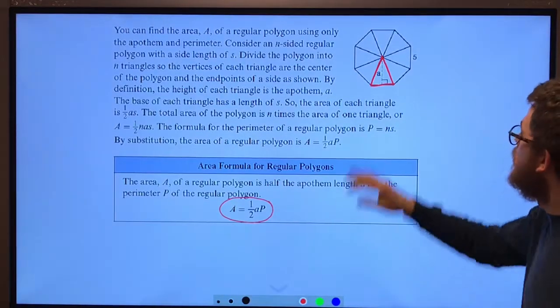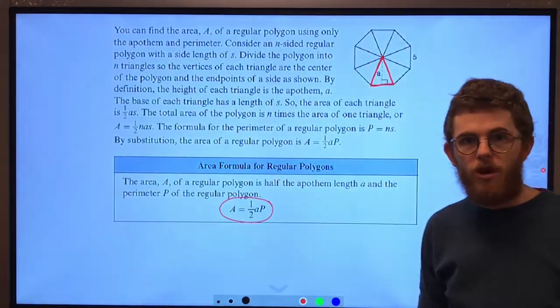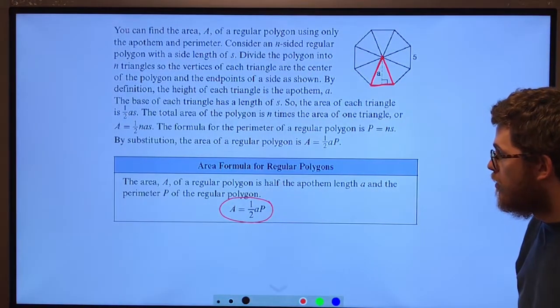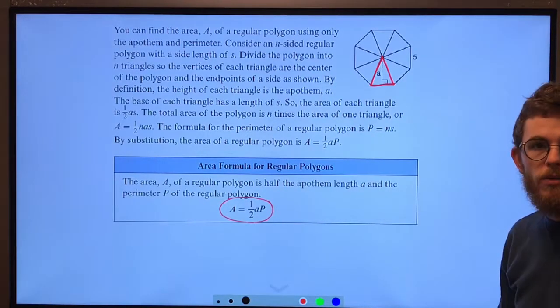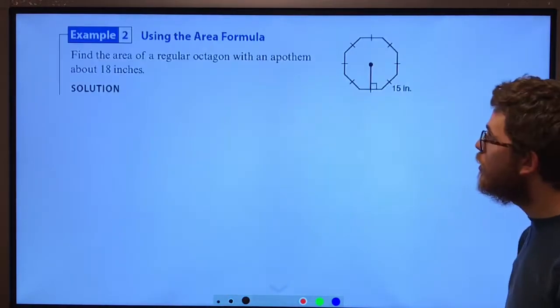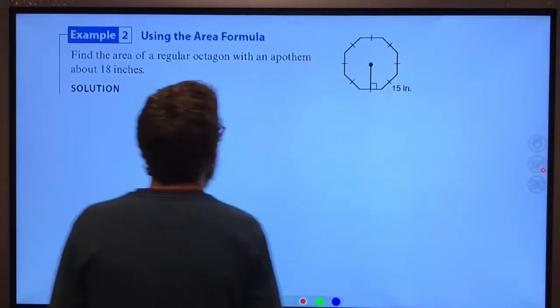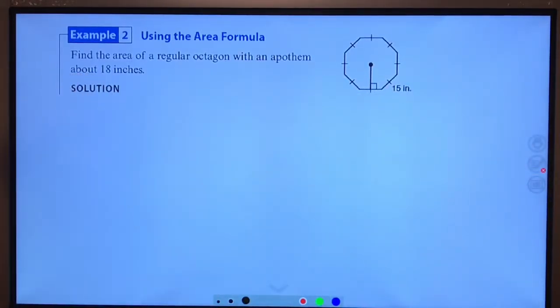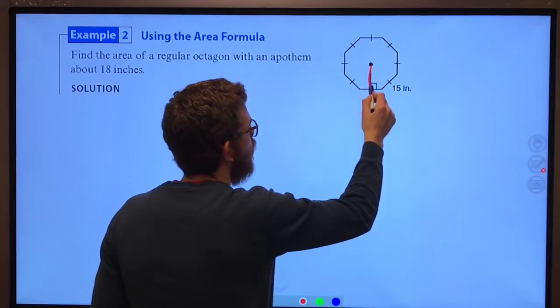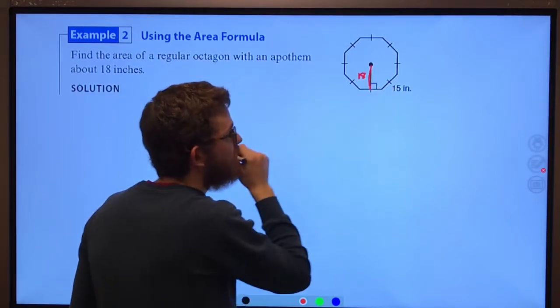But we can also use this formula right here. Sometimes just finding the area of that triangle and multiplying it times 8 might be the easiest way. Sometimes knowing the area is 1/2 the apothem times the perimeter is also very, very helpful. So it says find the area of the regular octagon with an apothem about 18 inches. Notice here we're given an apothem length of 18 inches.